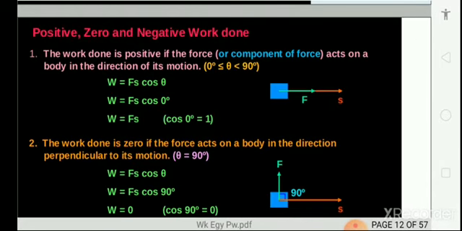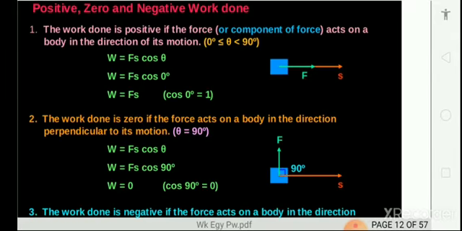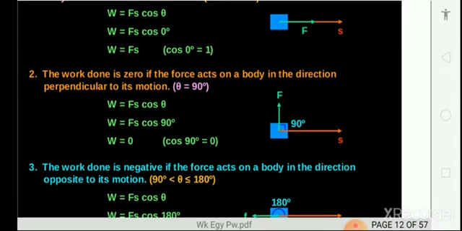Positive, 0 or negative work done. When theta is between 0 and 90 degrees, work done is positive. You can see on the screen that the body is moving in the direction of the force. Second case, when the force is in the perpendicular direction, theta is exactly 90, and work done will be 0.